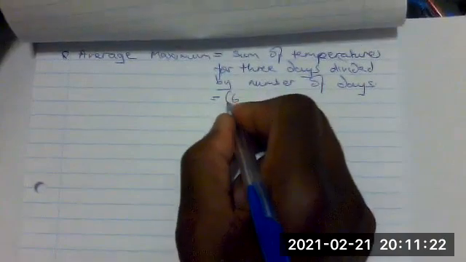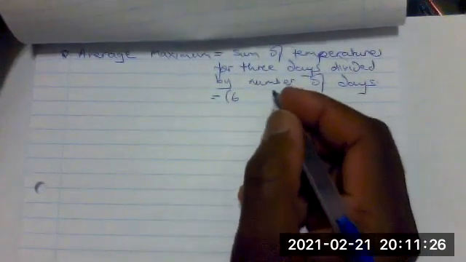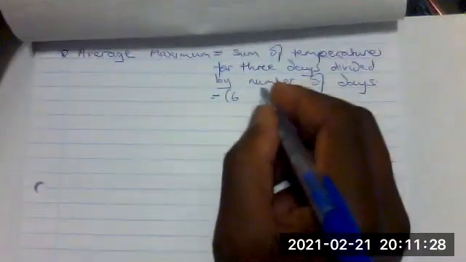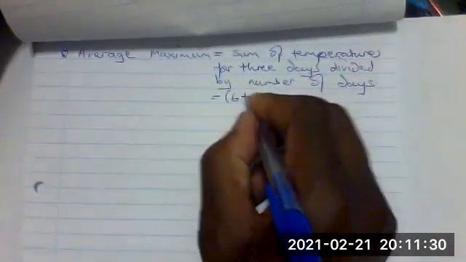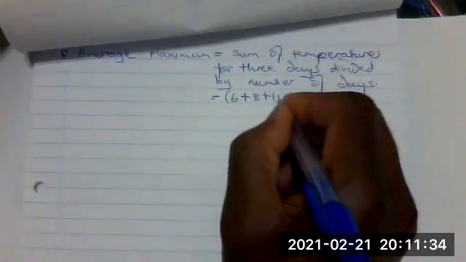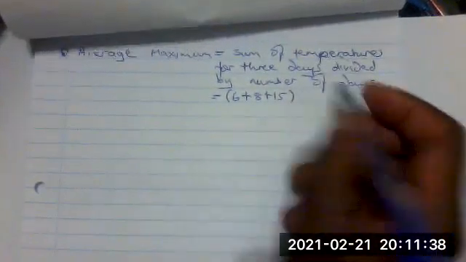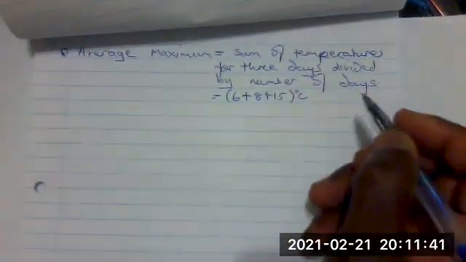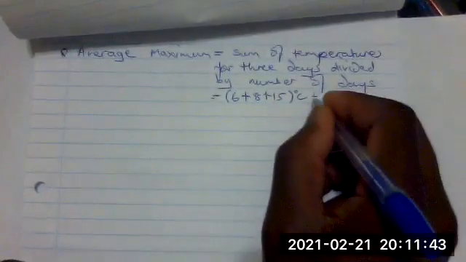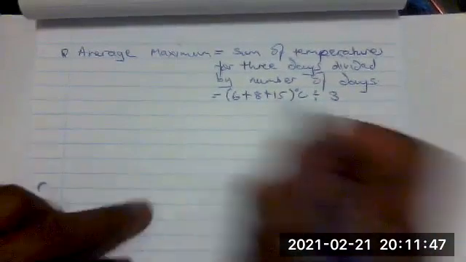I'm putting brackets here because I have to find the sum first, the sum of the maximum temperatures. 6 plus 8 plus 15. Then I'll divide by 3. That's by 3 days, right?